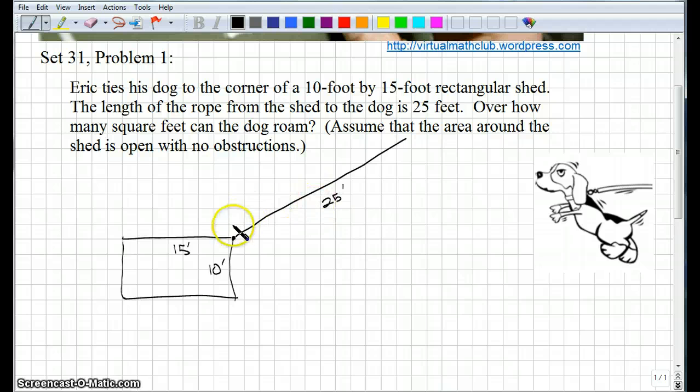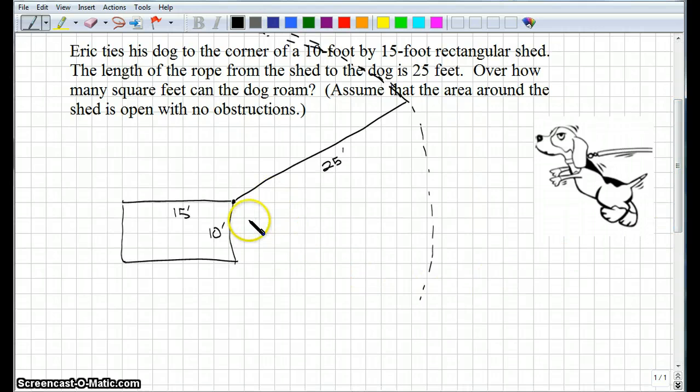So you can see that this 25-foot rope is essentially acting like a radius. And he can roam in a circular area up to a certain point. I know this isn't going to be very circular, but he can roam in a circular area until he gets to the edge of the shed.